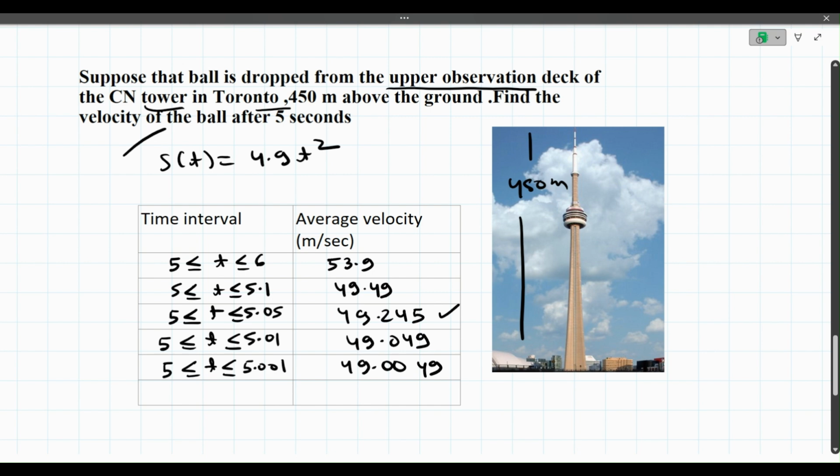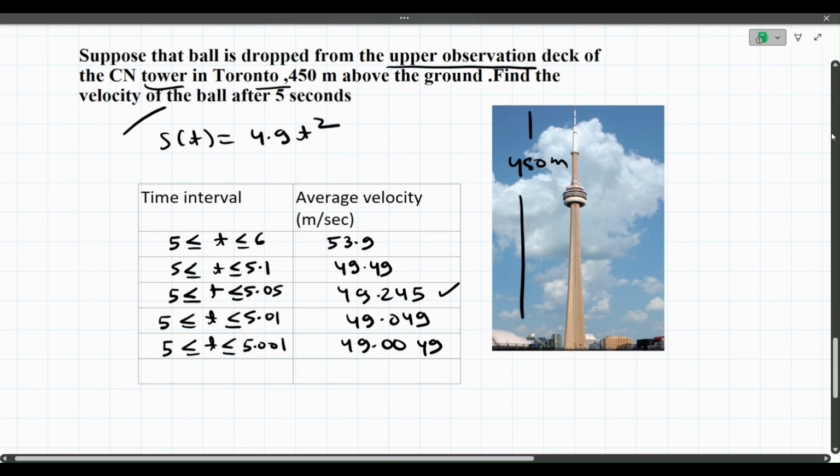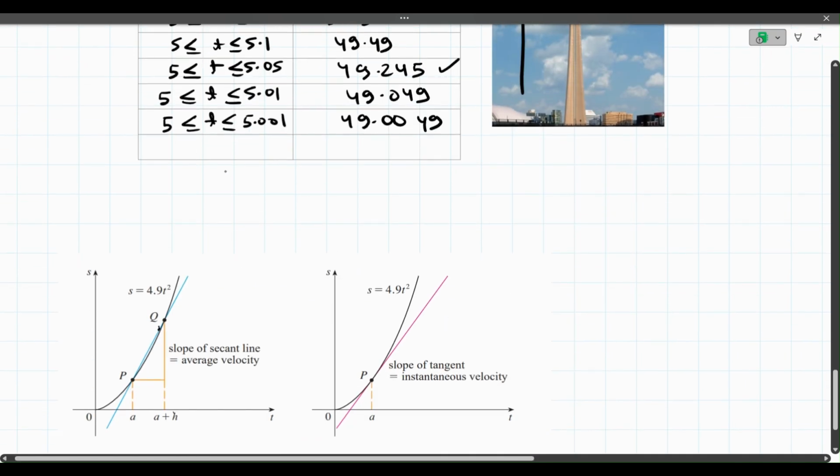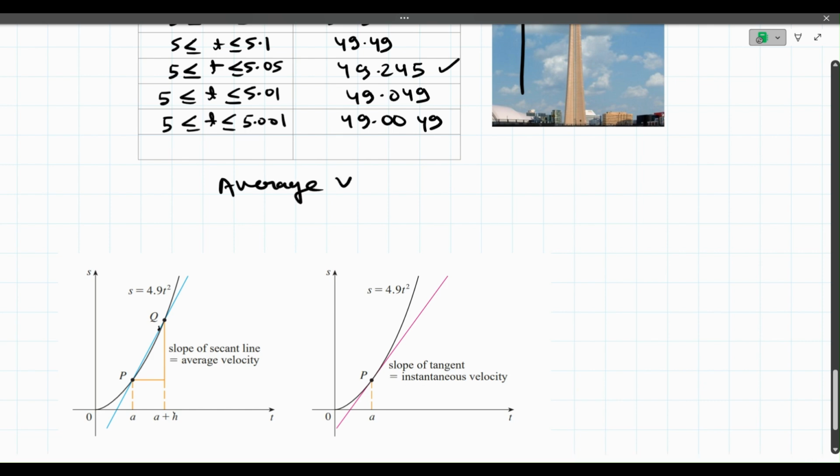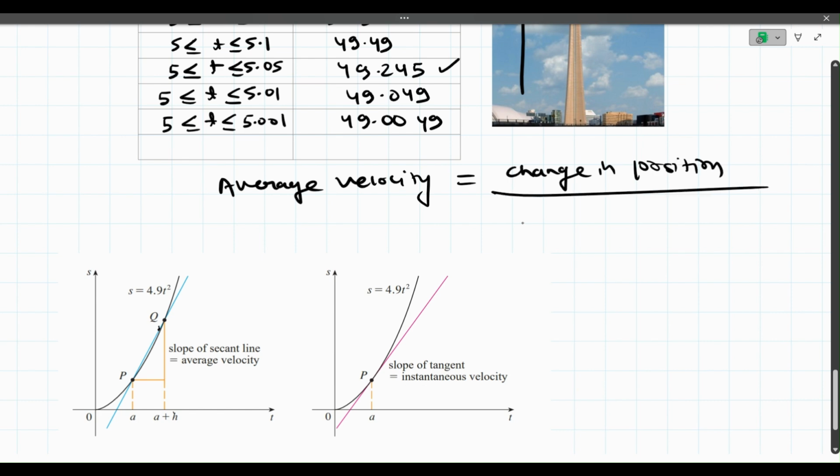Now because we need to find the velocity, we can say that the average velocity is equal to the change in position divided by the time taken by the object.